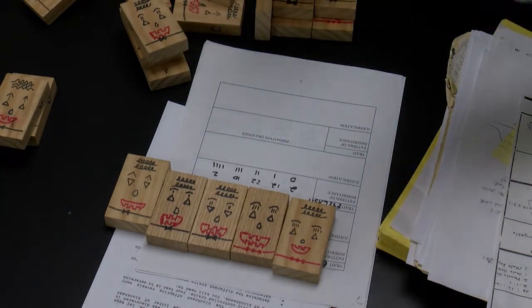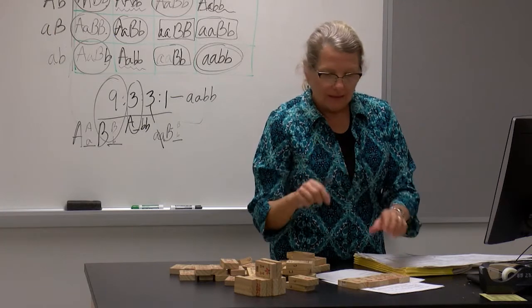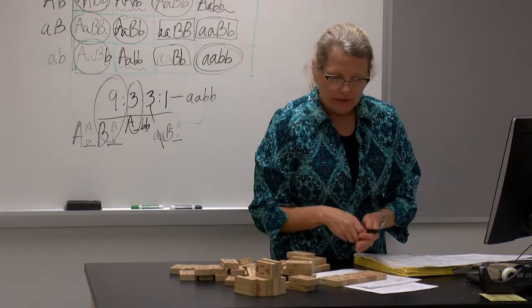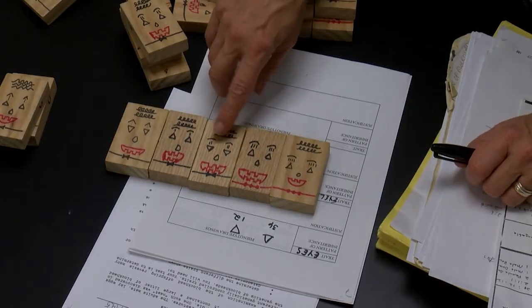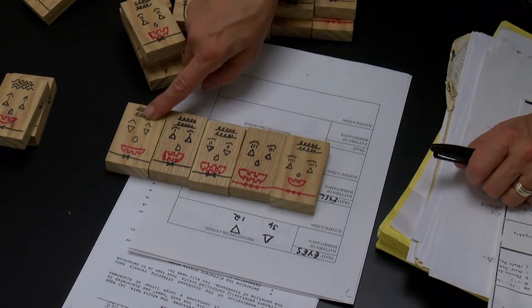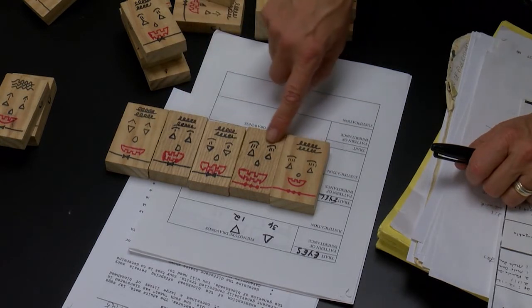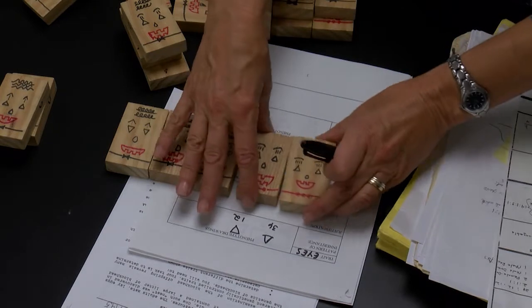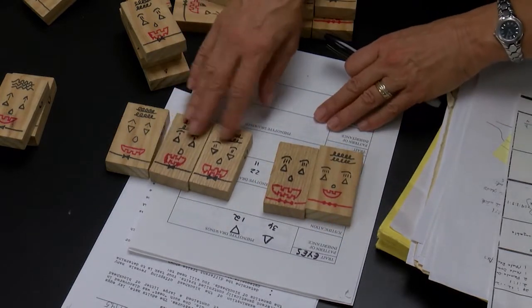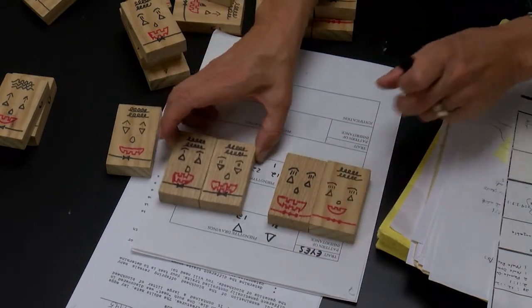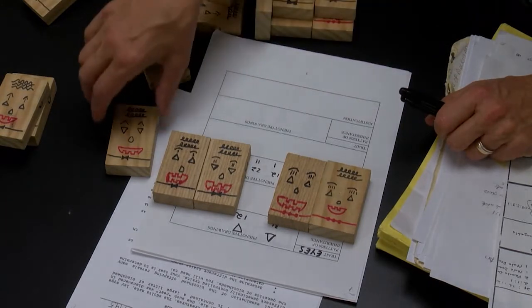We have 6 traits. The last is the eyebrows. Let's look at the eyebrows. We have rounded eyebrows on females, and we have rounded eyebrows on males.